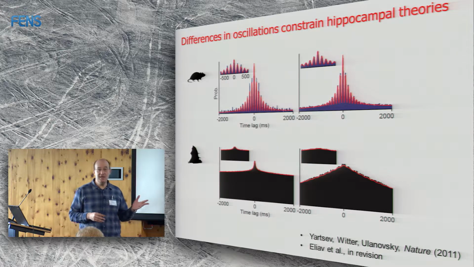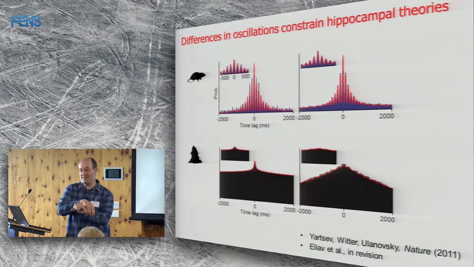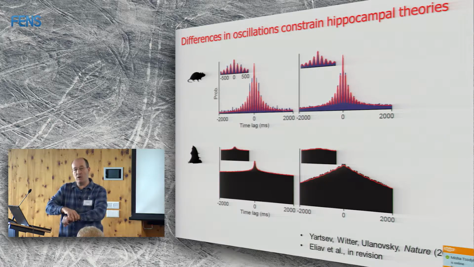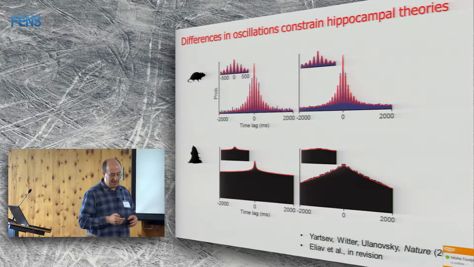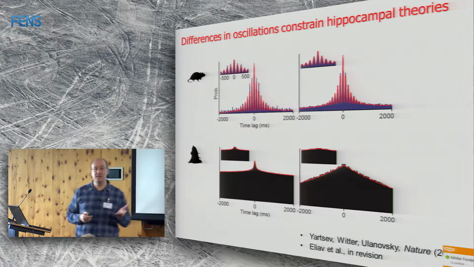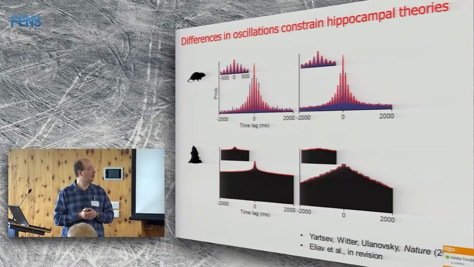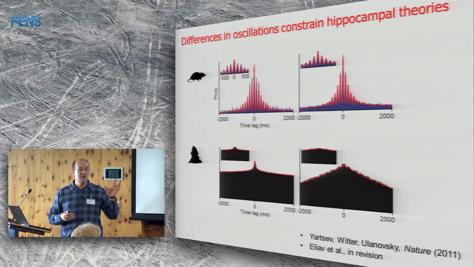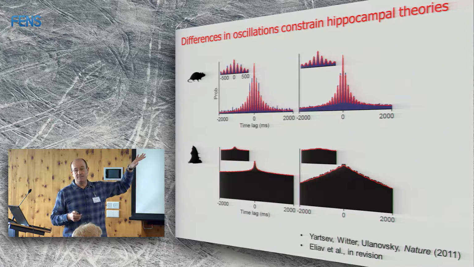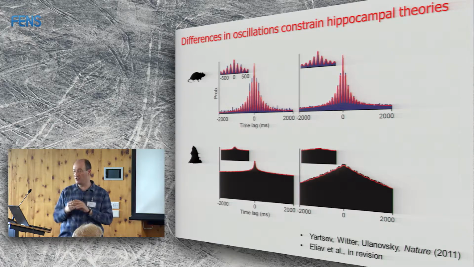The reason it's interesting, I'm showing you just one slide of this, is it shows the power of the comparative approach, because in rodents there are many functions ascribed to theta oscillations, but one of them is in generating grid cells. There were various theories called oscillatory interference theories that were suggesting that you can take this oscillation in time and integrate it via some tricks and some movement of the animal, and then you get this oscillation in space, which is the grid.